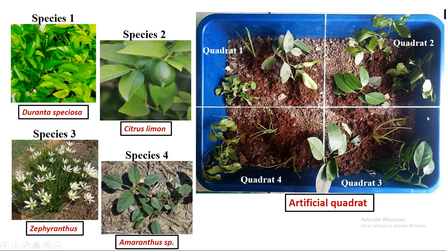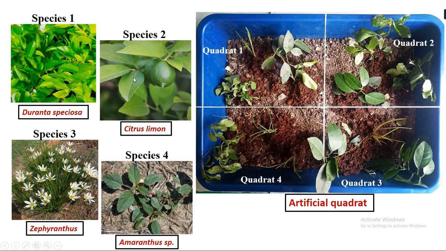Suppose this is an artificial field that I have made, and I have divided this artificial field into 4 quadrants. So this is quadrant number 1, quadrant number 2, 3 and 4. We will be studying 4 quadrants, and these are the plant species we have taken for study. The first species is Duranta speciosa.